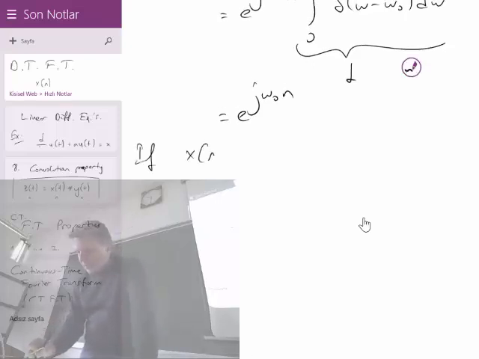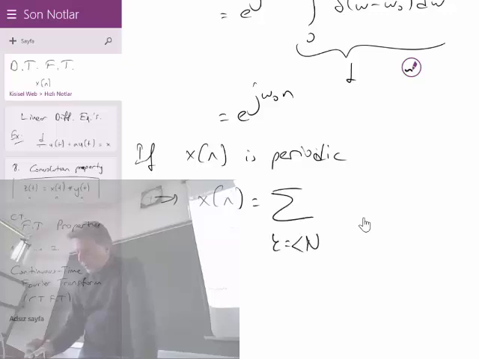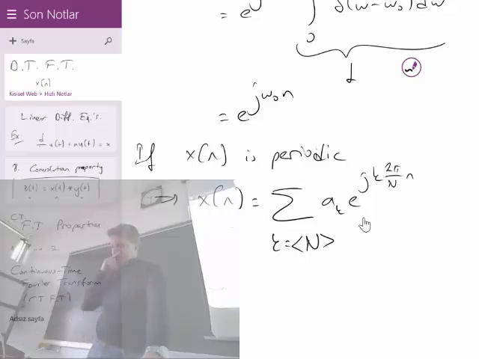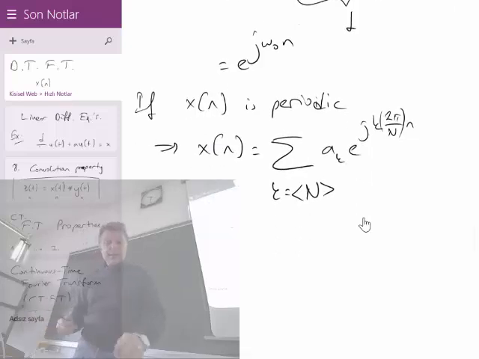If x of n is periodic, then we can write x of n as a linear combination of capital N Fourier series coefficients scaled by harmonics, a k times e to the j k omega 0 n, or you can say 2 pi over capital N n. So this 2 pi over capital N is omega 0, the fundamental frequency. So we can always write it like this.